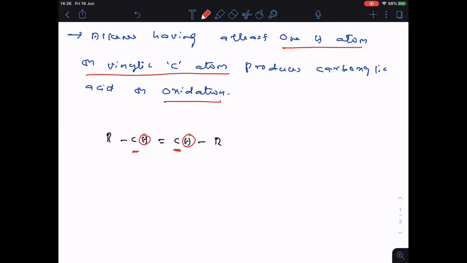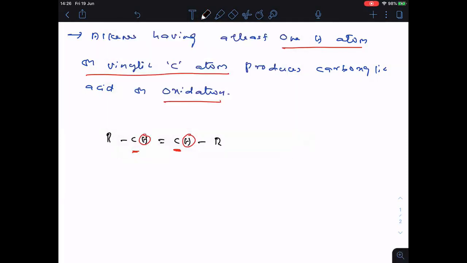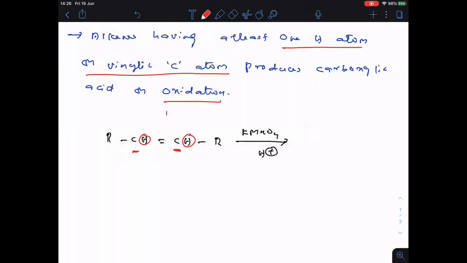I hope you are able to understand. The rounded hydrogen atoms are bonded to vinylic carbon atoms, so they are said to be vinylic hydrogen atoms. Clear? Now, when they undergo oxidation with KMnO4 in acidic medium, first of all, break the pi bond like this.